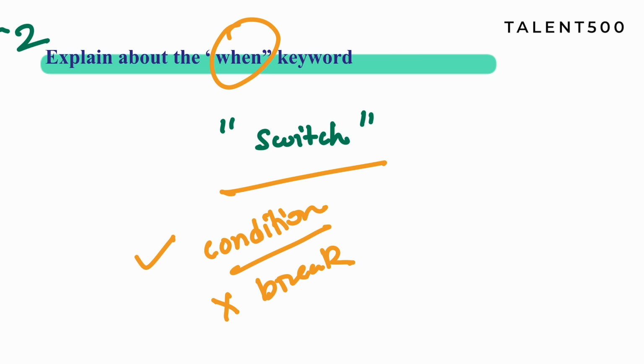So let me write the sample code for this so that you get a better understanding. Basically the syntax of the when keyword in Kotlin. Watch with all the attention, it's very important.